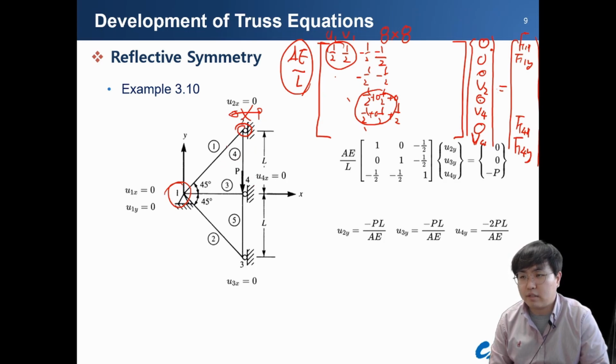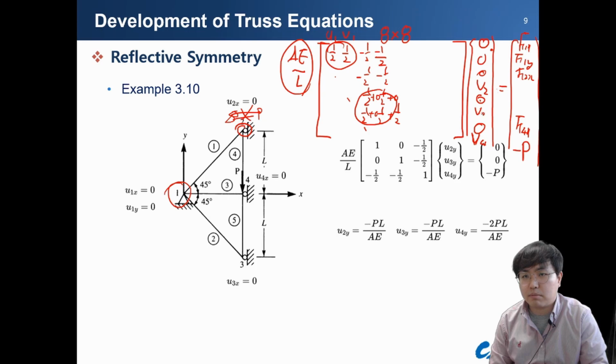For the displacement. Let's check the forces vector. First element, that will have some reaction force in x and y directions both, and then here some reaction. We can expect some reaction value in here. However, at the fourth node, there is some external force applied in the minus p direction.